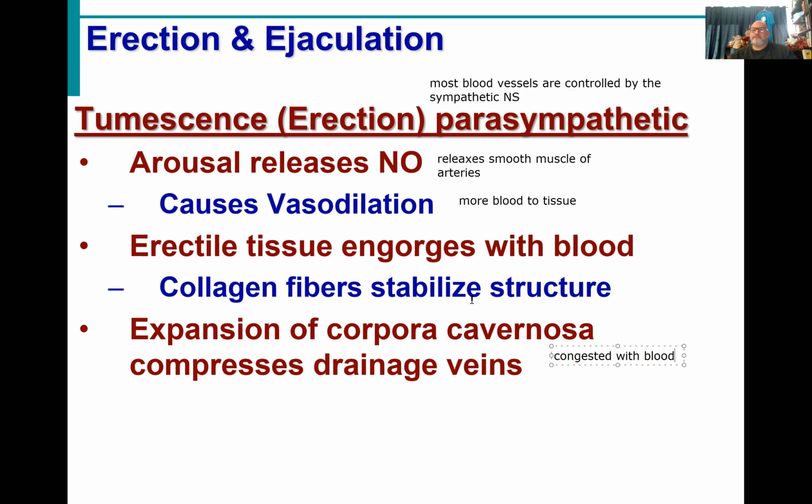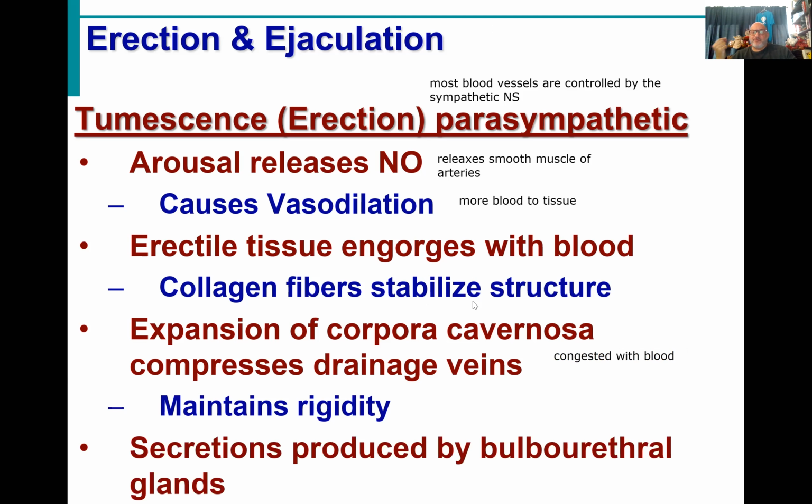All right. Now, remember, arousal is also not just about the rigidity of the penis. There is also glandular activity as well. So again, when a man becomes aroused, two events occur, really three events occur. We have change in smooth muscle activity. We have increase in blood flow to the area, and we have glandular secretions.